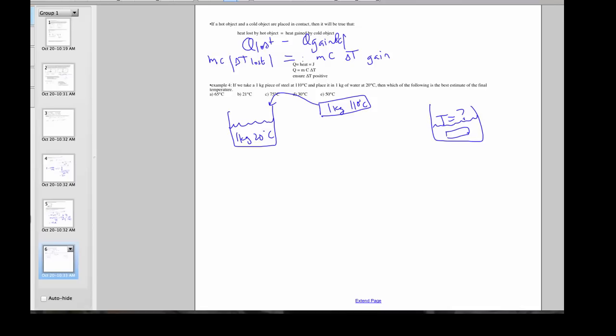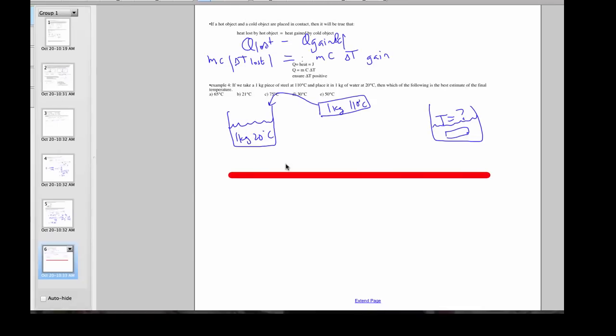Okay, so now the solution to that problem. We imagine the temperature scale here, and at one end is the cold water at 20 degrees, and at the other end is the hot steel at 110 degrees. Now, one answer you might think is, well, the amounts are the same, so it's just going to be halfway, and halfway between them would be 65 degrees.